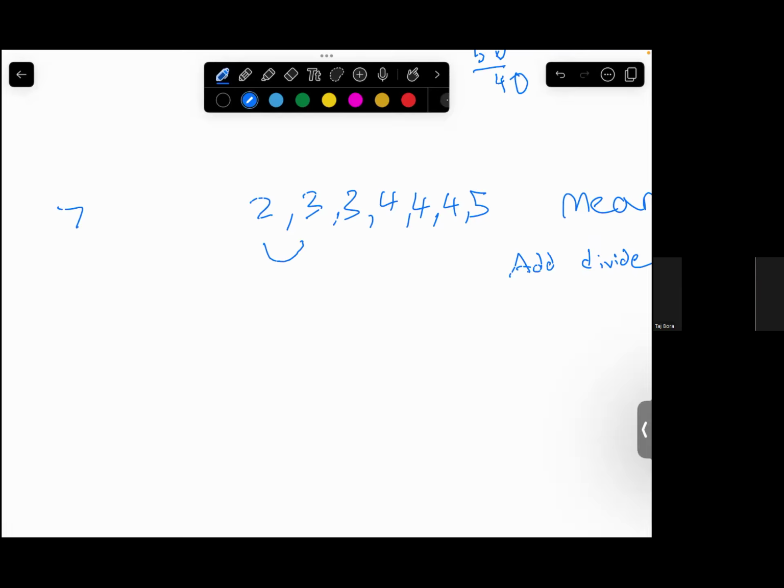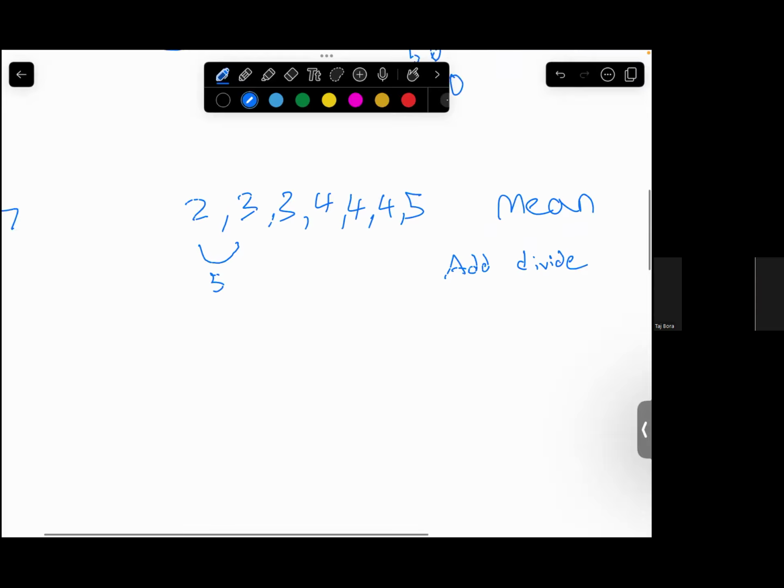So 2 plus 3 is 5, and then the next is 3 plus 4 is 7, 4 plus 4 is 8, and then we are left with 5. Now, to add again, we do this again. So 5 plus 7 is 12, and 8 plus 5 is 13.